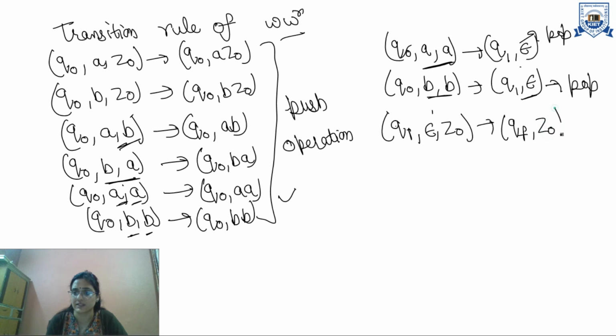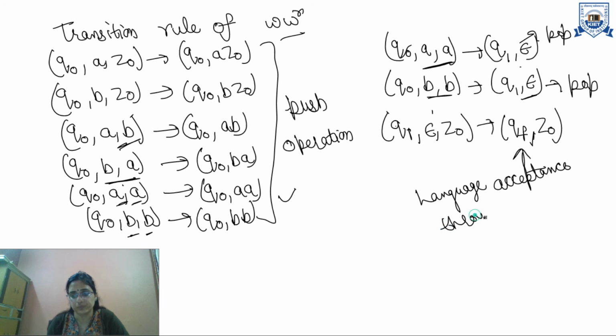Now I don't have any input symbol, so the input symbol is epsilon, and top of the stack is Z0, and then I just move to the final state, and the top of the stack still contains Z0. So this one is known as the language acceptance through final state.